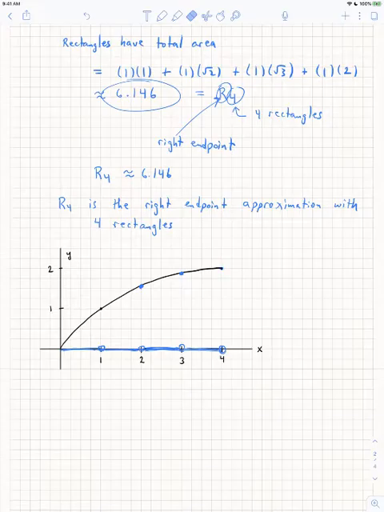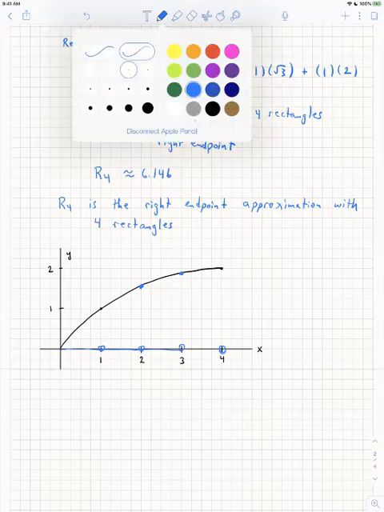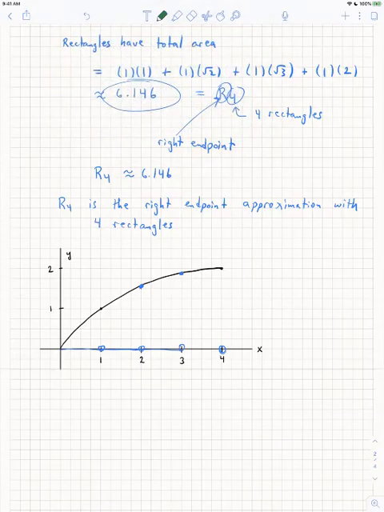What I want to do this time, instead of using the right endpoint, is I want to use the left endpoint. So that's what we're going to do. I'm going to change the color to green, and we'll do that. Well, I'm going to still use the same base lengths of 1, but now we're going to use the left endpoints.